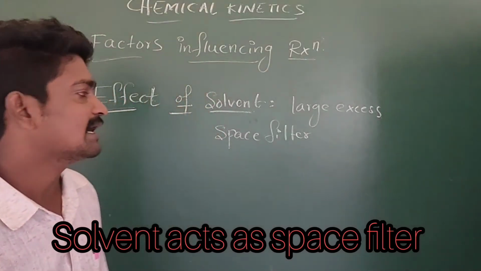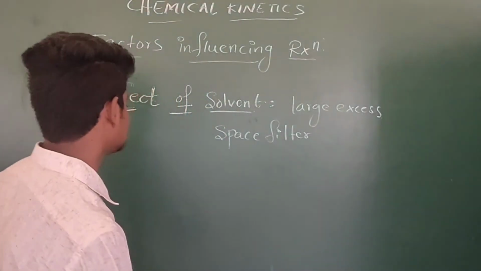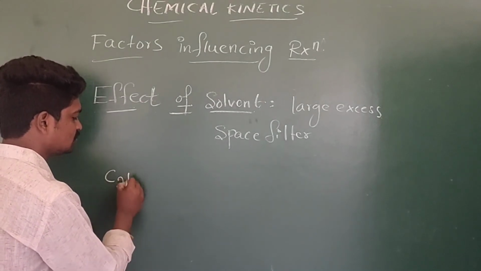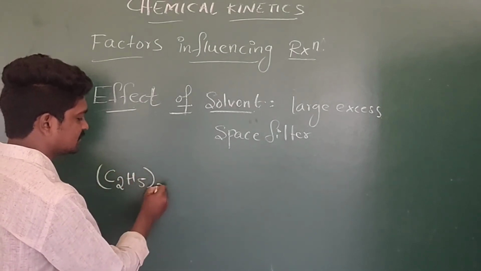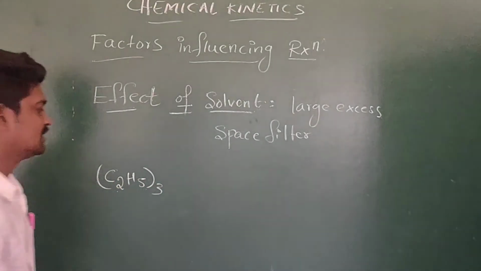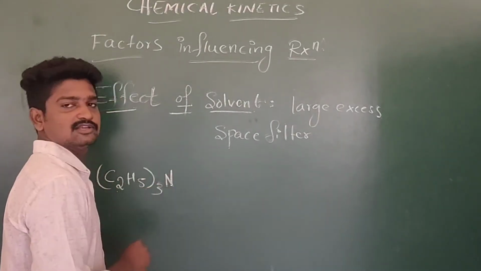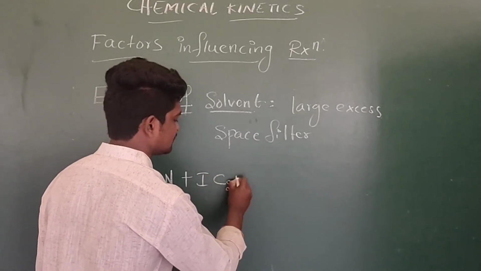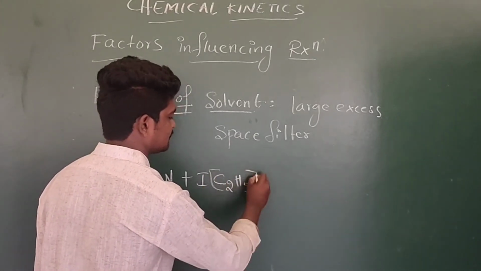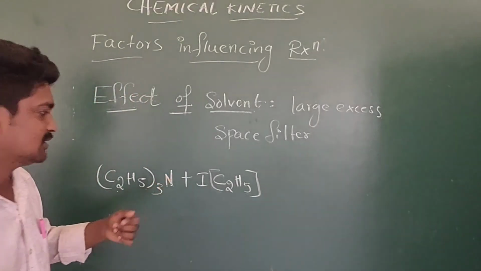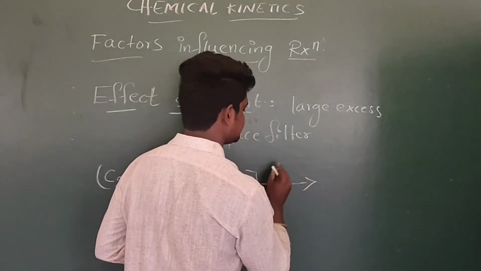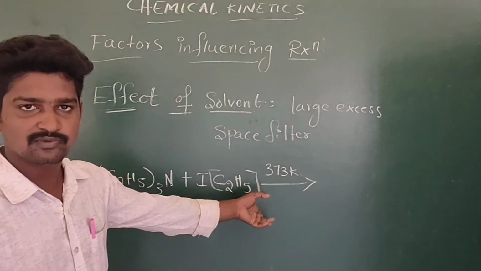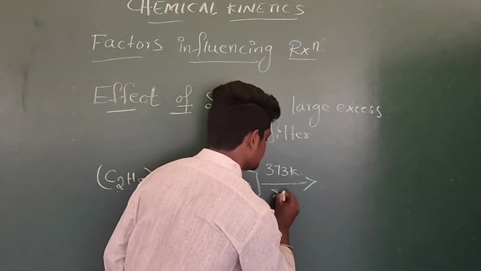So we can illustrate with an example. So I am writing down. You also write down the notes. So C2H5, so this is N, plus methyl iodide, gives rise to, at 373 degrees Kelvin, we apply solvent.